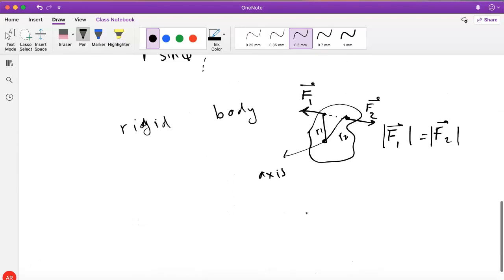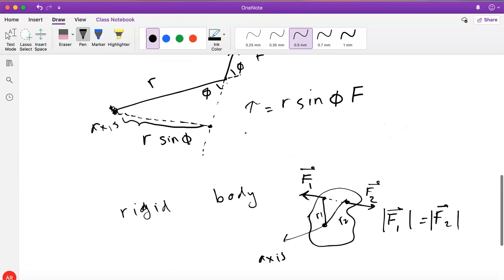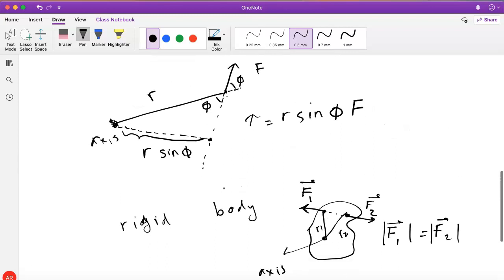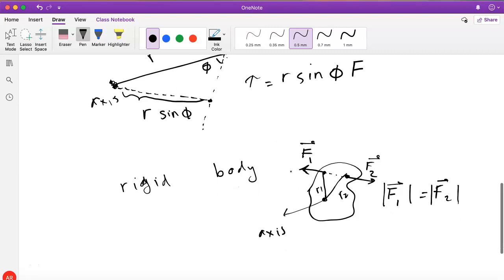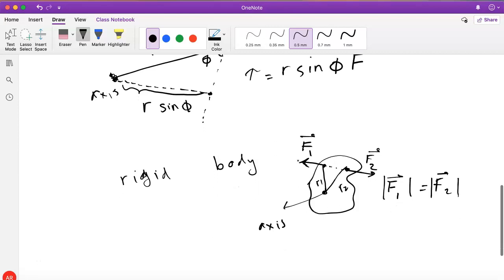Or alternatively, if I think about this second picture, taking the component of the arm perpendicular to the force, well, the forces are along this line, so that's the component. Let's call it R. And it's the same for both of these forces.